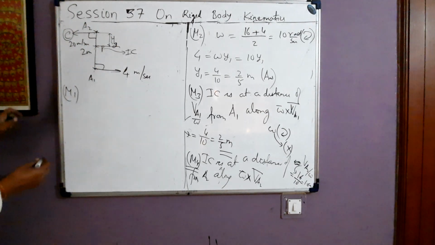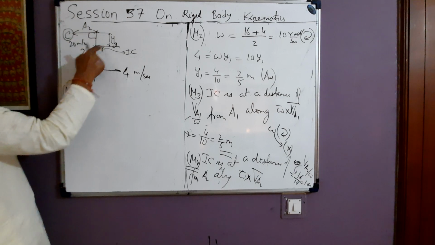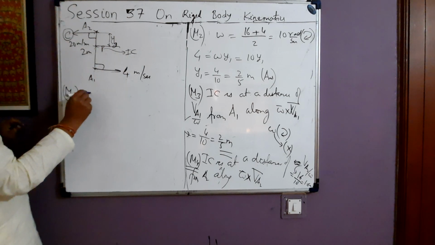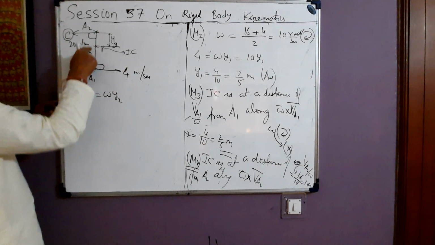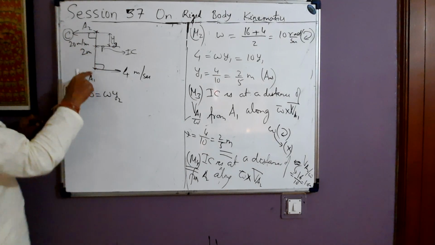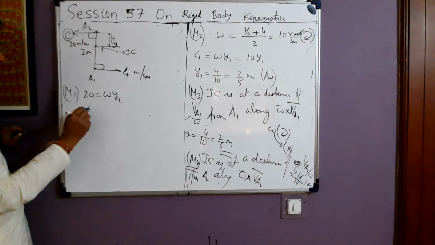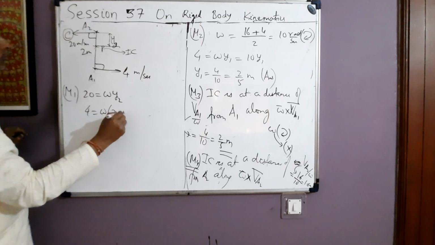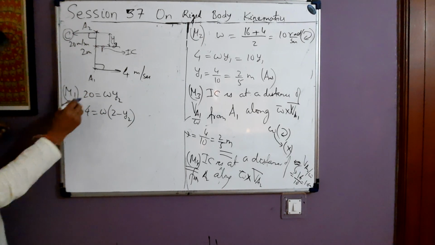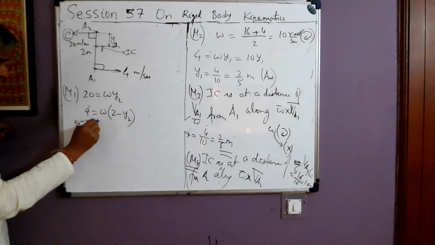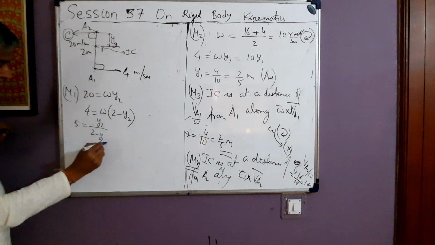Now method 1. A2 is at a distance of y2 from the IC, so 20 is equal to omega y2, by the IC concept. And A1 is at a distance of 2 minus y2 from the IC, so its velocity is 4, omega into (2 minus y2). Now I divide these two. 20 by 4 becomes 5, omega cancels out, y2 by (2 minus y2).